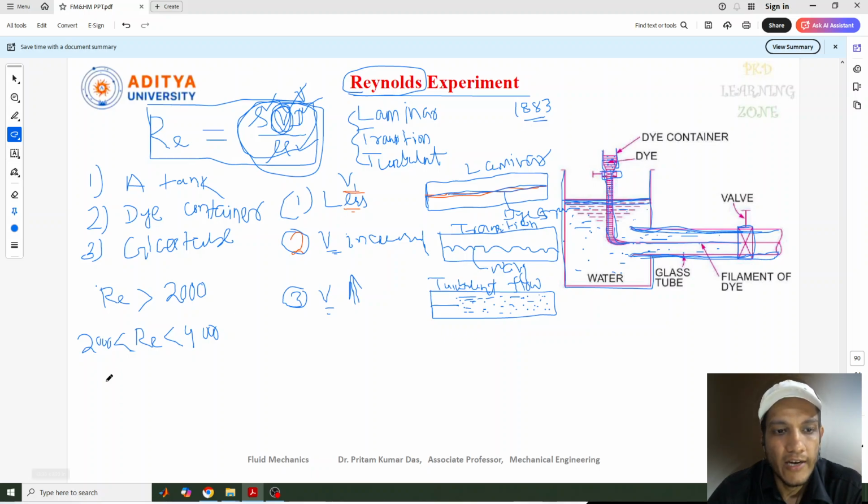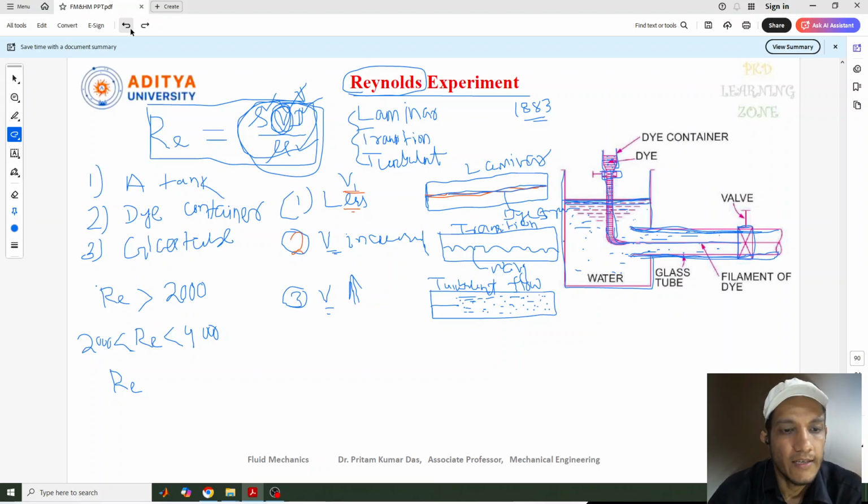And when the Reynolds number is more than 4000, here we can write the different types of flows, as I told.